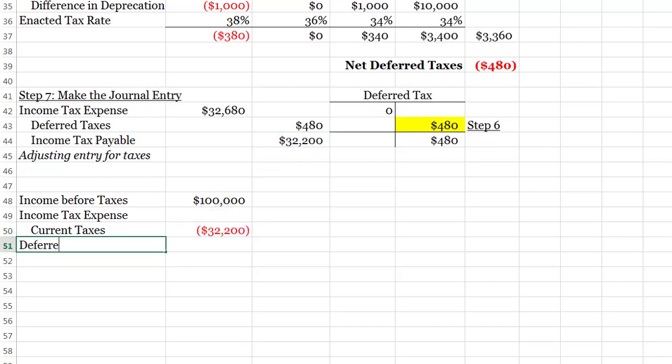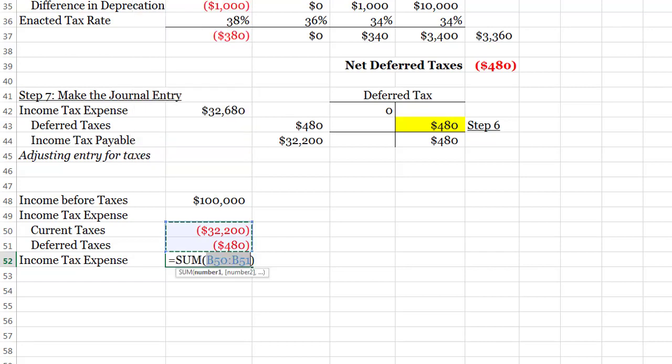And then I'd have a deferred taxes line. And if it's a deferred tax asset, it would be positive because it's going to reduce what I think my expense should be. If it's a credit, it's going to be negative because it's increasing my income tax. And if I've done this right, when I sum these up, I will get this $32,680 up here.